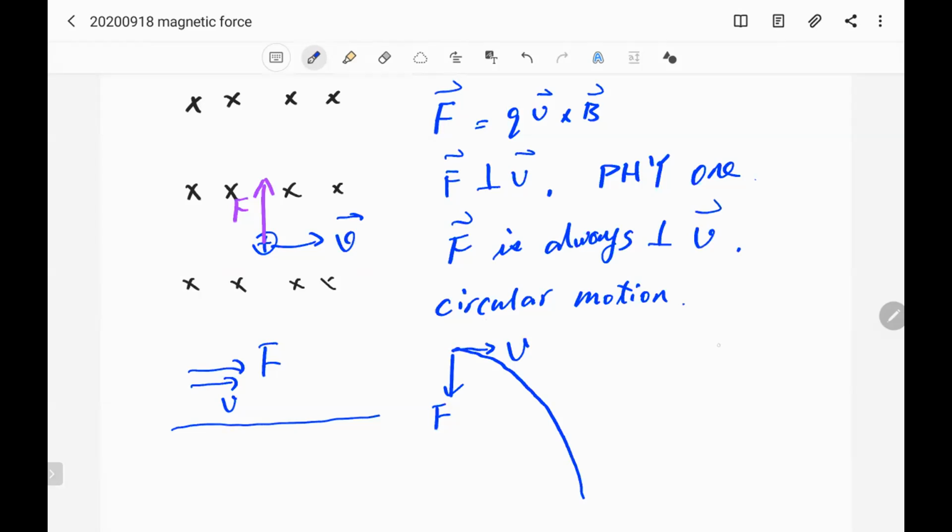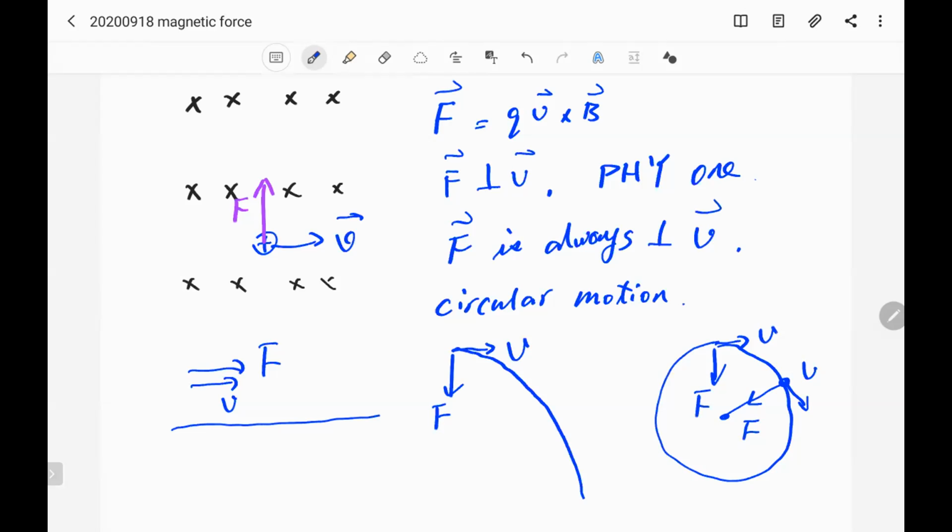But if the force is always perpendicular to the velocity, not just at the beginning, but anywhere, then you will have a circular motion. Right? Suppose you have a string connected to a ball, then the force goes in this way. This is the tension on the string, and the velocity is always perpendicular to the radius. So in this case, you will have a circular motion.